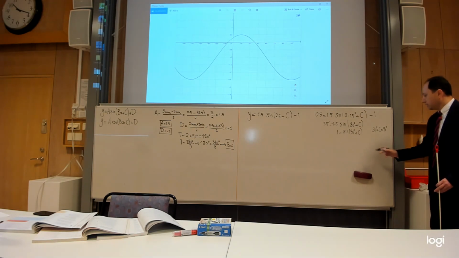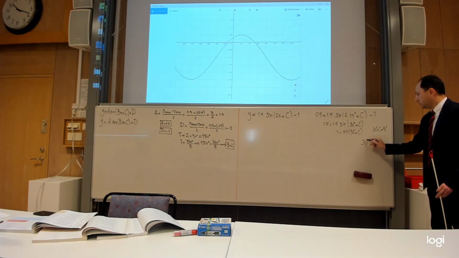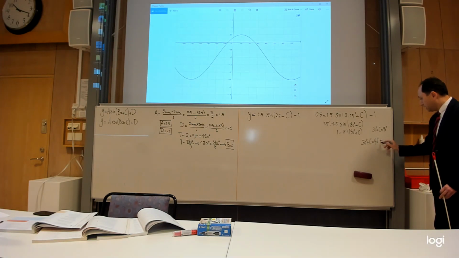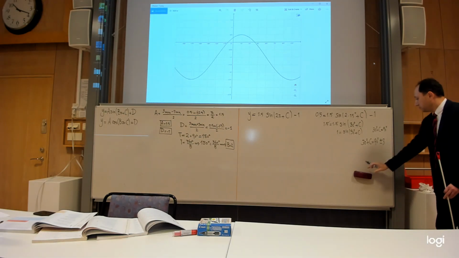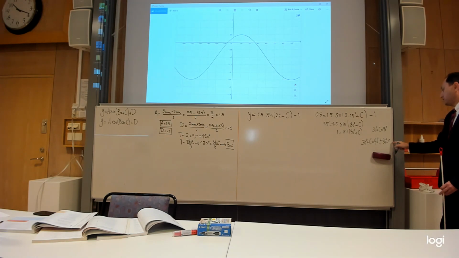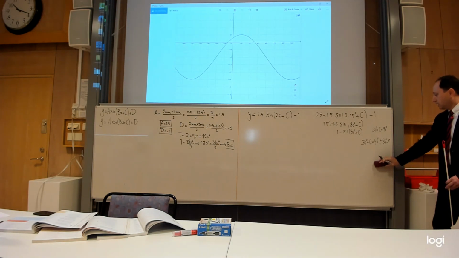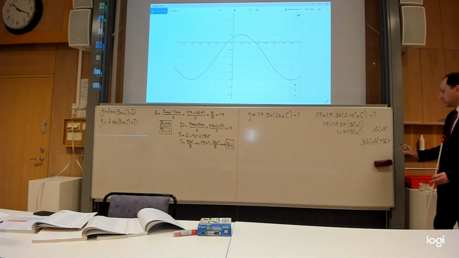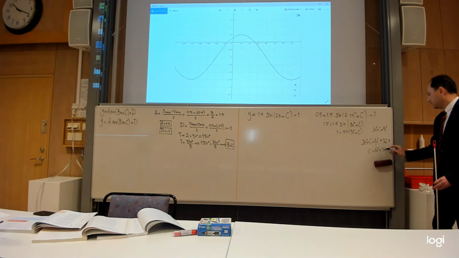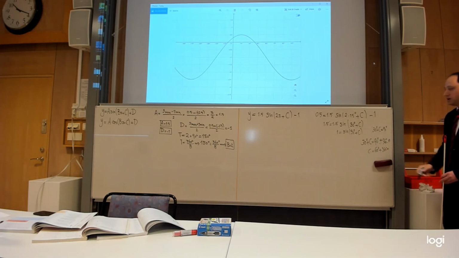So if I want to really write all of them, 30 degrees plus C is 90 plus 360 degrees multiplied by an integer, which is positive or negative. So these are all the angles, yes? And then, of course, here you don't need to find all the angles, but if you move 30 degrees to the other side, it becomes 60 degrees plus 360 degrees times n. These are all the possible values.